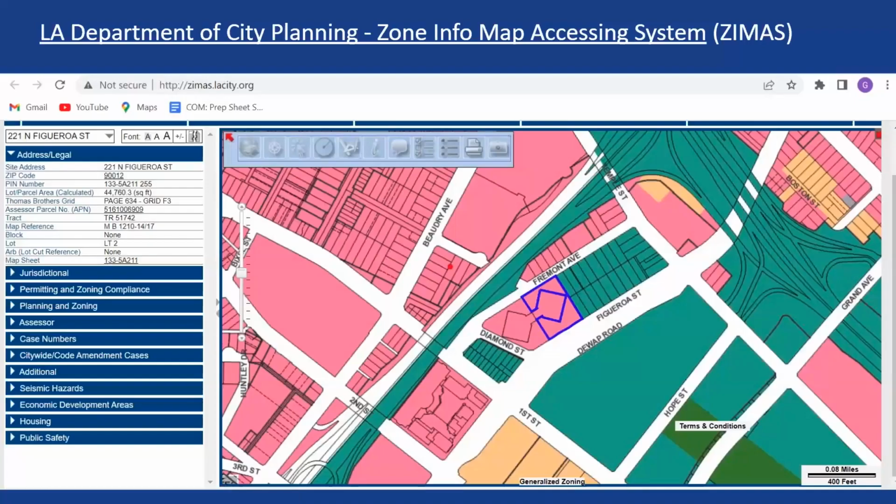In order to determine whether or not a proposed business premises complies with the zoning and distancing requirements, we do rely upon the Department of City Planning's Zoning Information Map Access System, or ZIMAS.